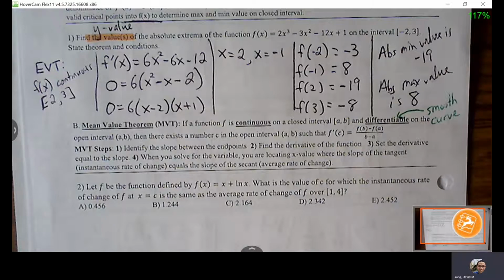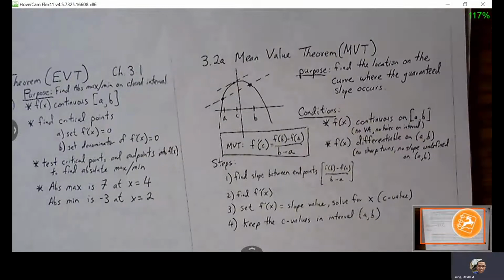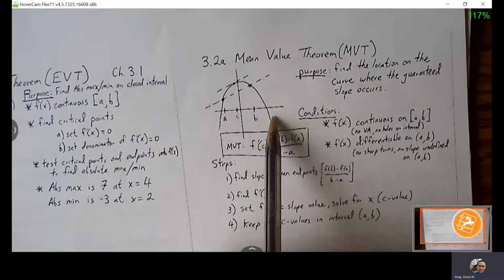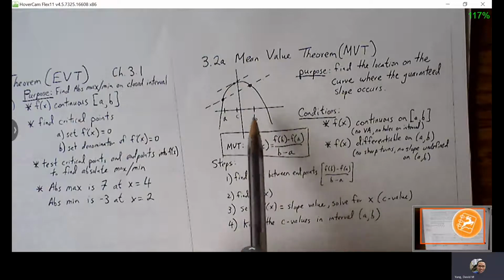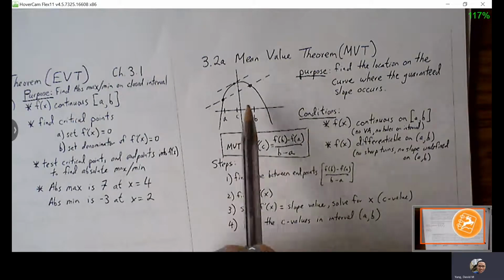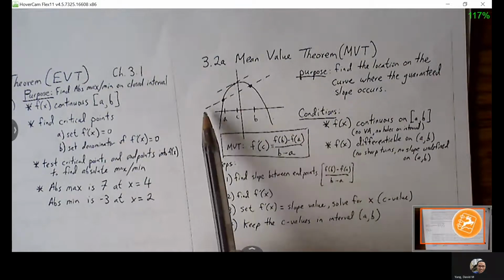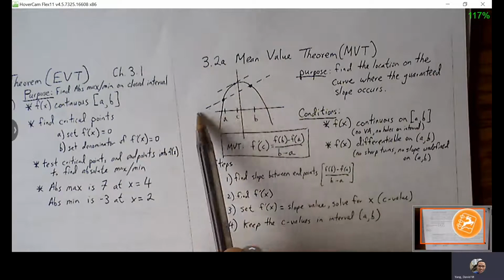Let me show you a visual example of that. So let's say we have a smooth curve, no sharp turns, no asymptotes, no holes. This is what mean value theorem guarantees. It says, first find the slope between the endpoints. There's no calculus here, right?